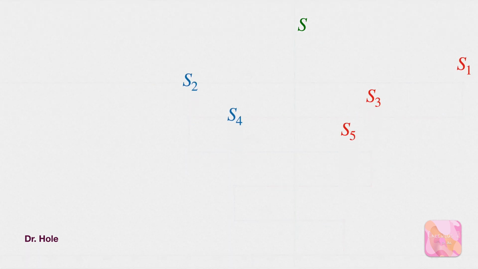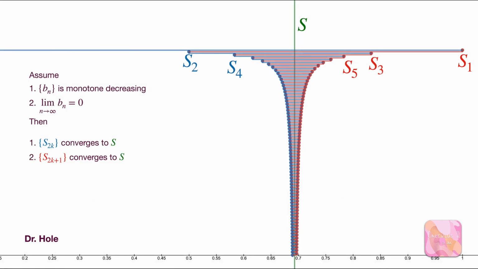And for this nice picture to hold, what we want is for the sequence of Bn's to be monotone decreasing, to get smaller and smaller. And then as they're smaller and smaller, that will result in even index increasing and odd index partial sums decreasing.